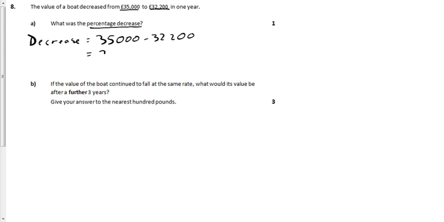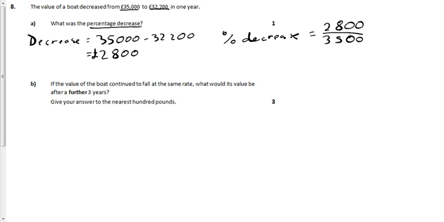That would give me £2,800. I need to write that as a percentage decrease. So I would take how much it's changed by and divide that by the original amount, £35,000.